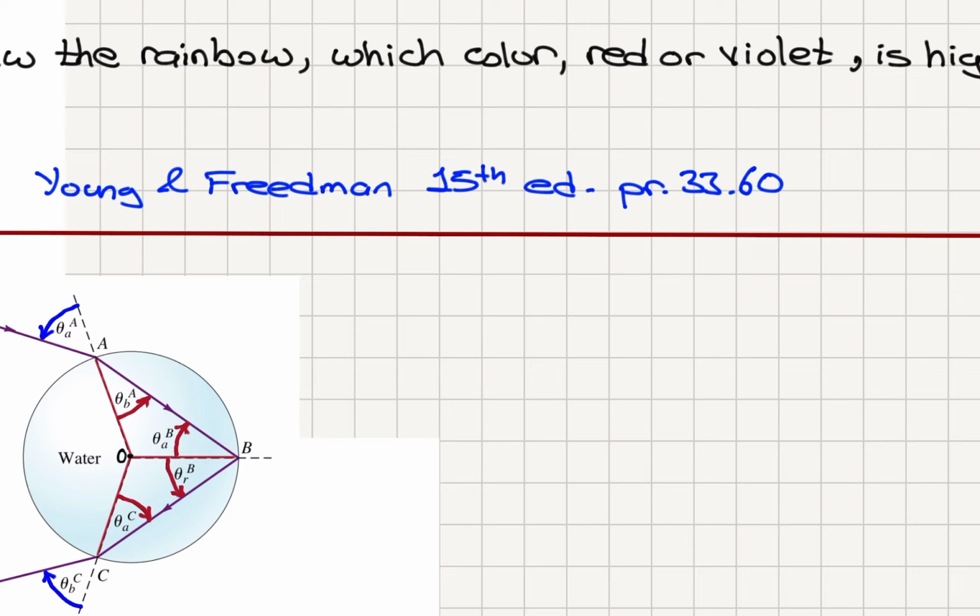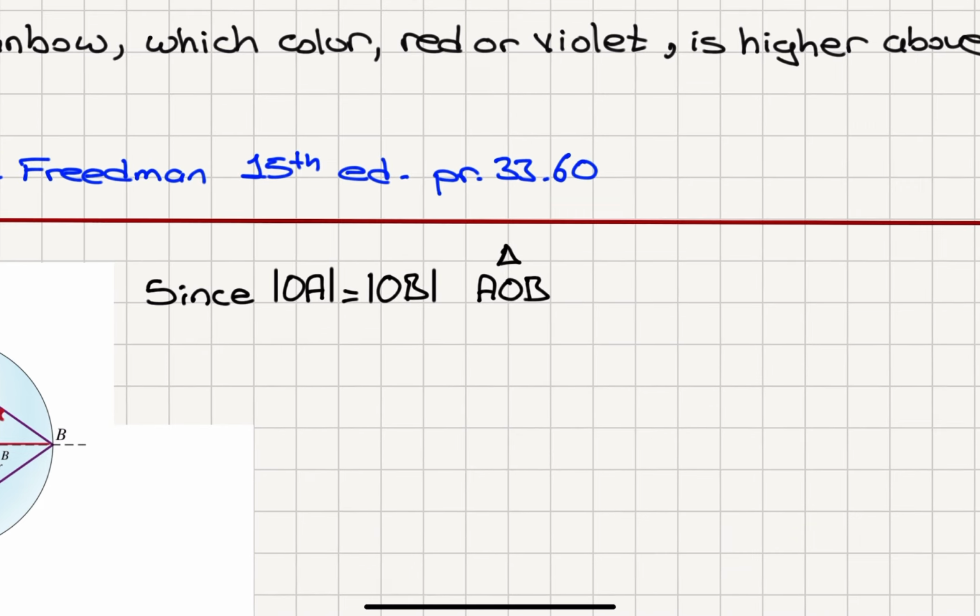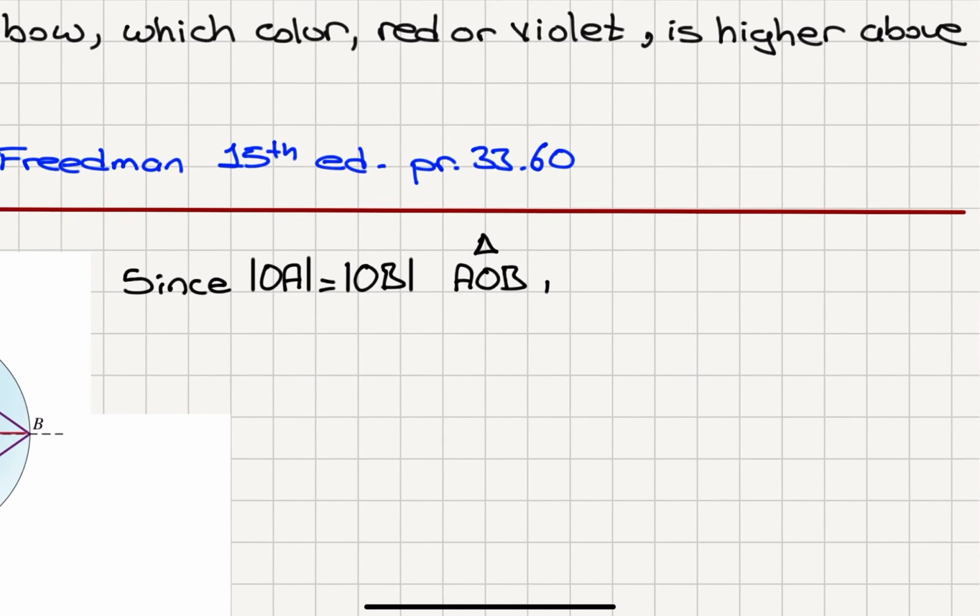So I can note that since OA distance is equal to OB distance, this triangle, AOB triangle, is an isosceles triangle.